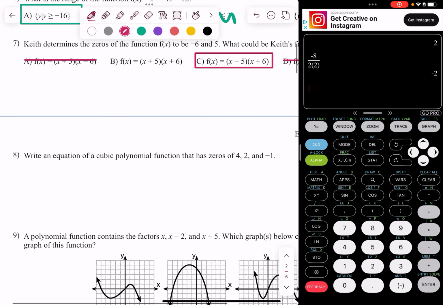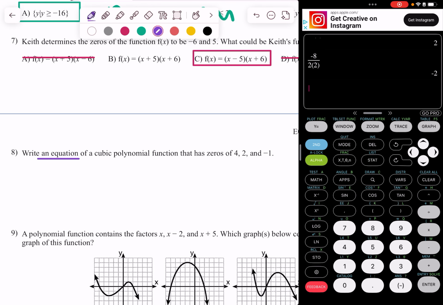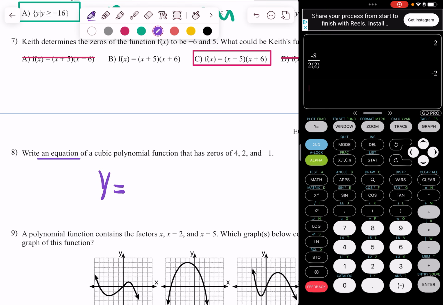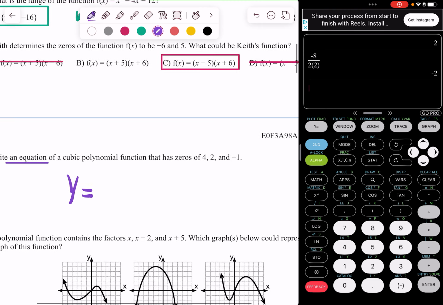Same with number 8. This would be a multiple choice question, but let's just see how to do it long response. It says write an equation. Anytime you are asked to write an equation, we are going to write y equals, or you could write f of x equals. It says a cubic function. Cubic just means you have 3 different zeros, which I do see here: 4, 2, and negative 1.